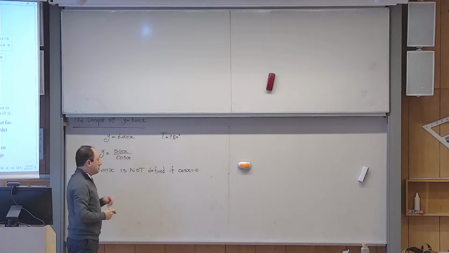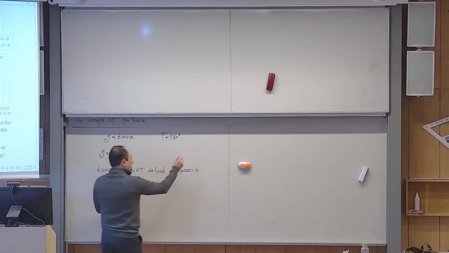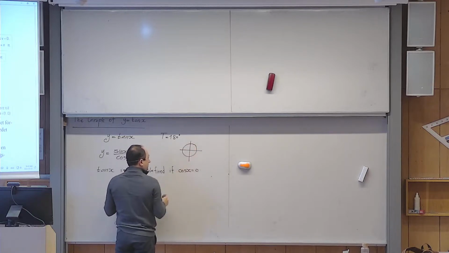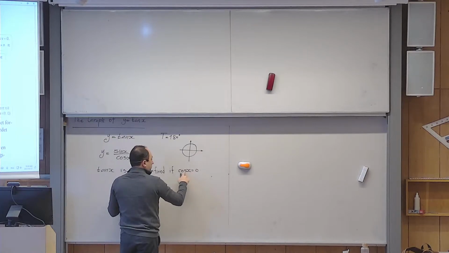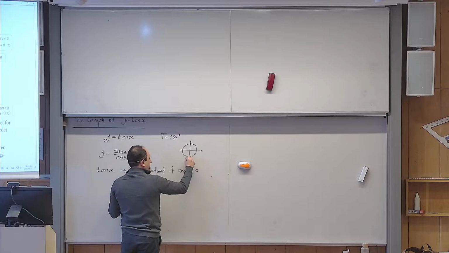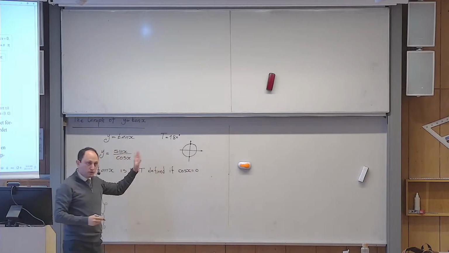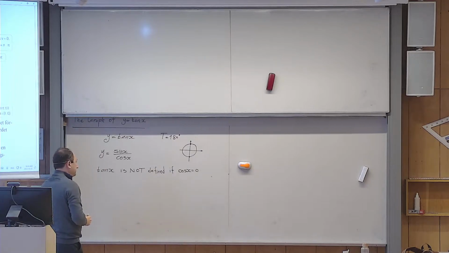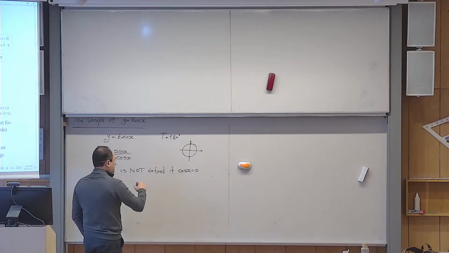Okay, but when cosine becomes 0, you know that, yes? So cosine, assuming this is the unit circle, is related to the x-coordinate. So if you want to have the x-coordinate to be 0, there are 2 points, either here or there. These are the only 2 points on the unit circle whose x-coordinates are 0. Okay, but how can I write all of them?